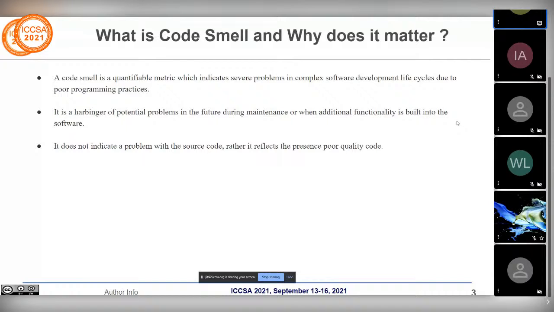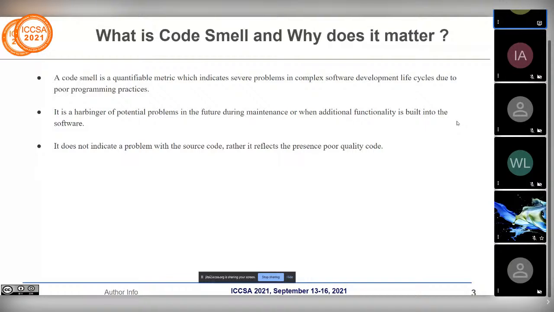One of the very easy examples which I can give is blob code smell. Typically, when we write a class in Java, we write all the functions, all the features, all the variables in that one class, and then we import the entire class everywhere.